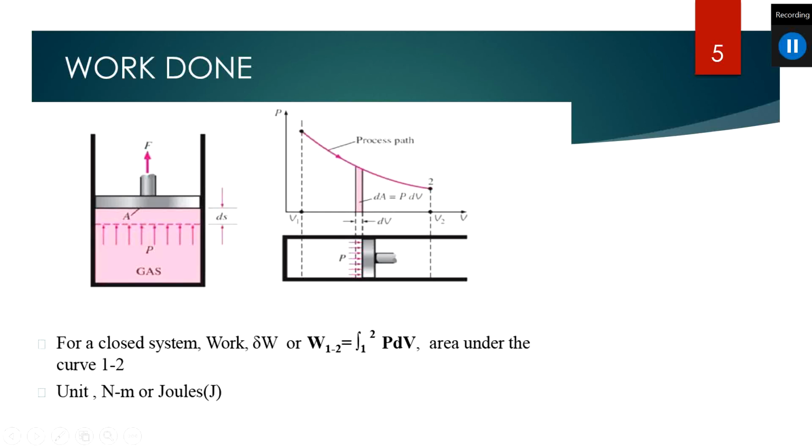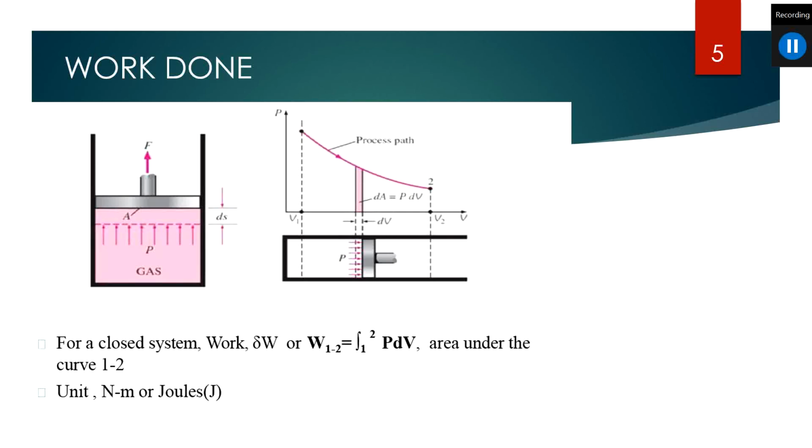So what will be the total work done? Total work done from 1 to 2 is equal to the integral from 1 to 2 of P dV, that is, pressure into volume. So this is the pressure volume work.